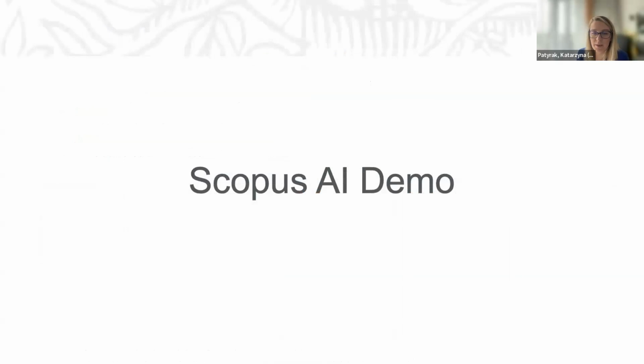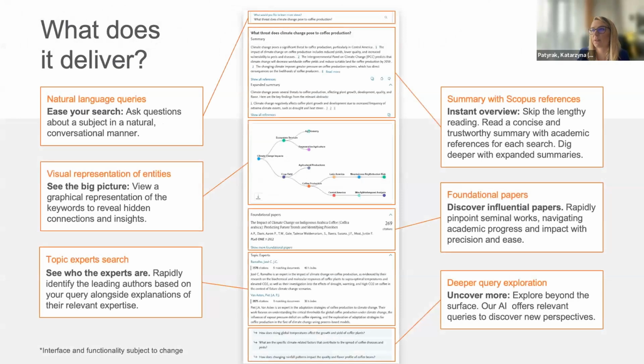Okay, so now we are here in a Scopus AI demo, something that everyone was waiting for. And here are the main features of Scopus AI. This is more or less how it will look after we ask any question to Scopus AI. First of all, natural language queries let you pose a question in a natural, conversational way.